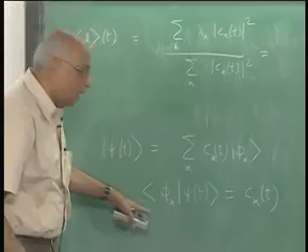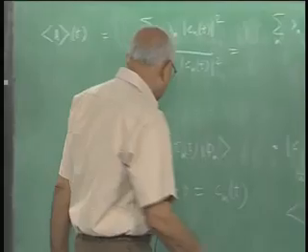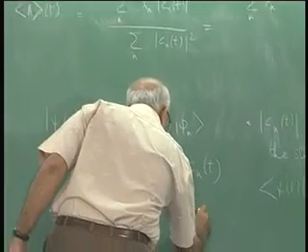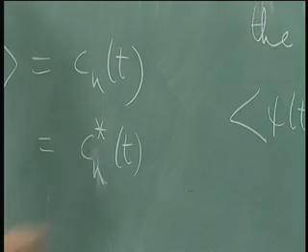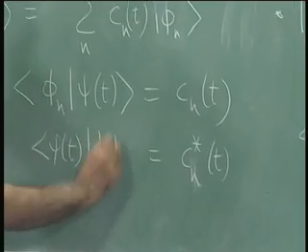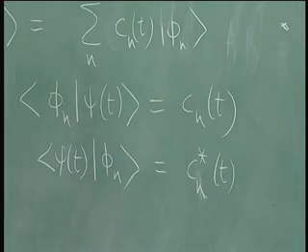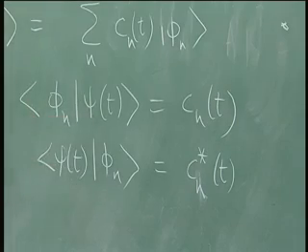Cn of t is this guy. So I take its complex conjugate, and what does that give you? Cn star is equal to <psi of t|phi n>, because the complex conjugate of this is these two guys reversed, as we know.